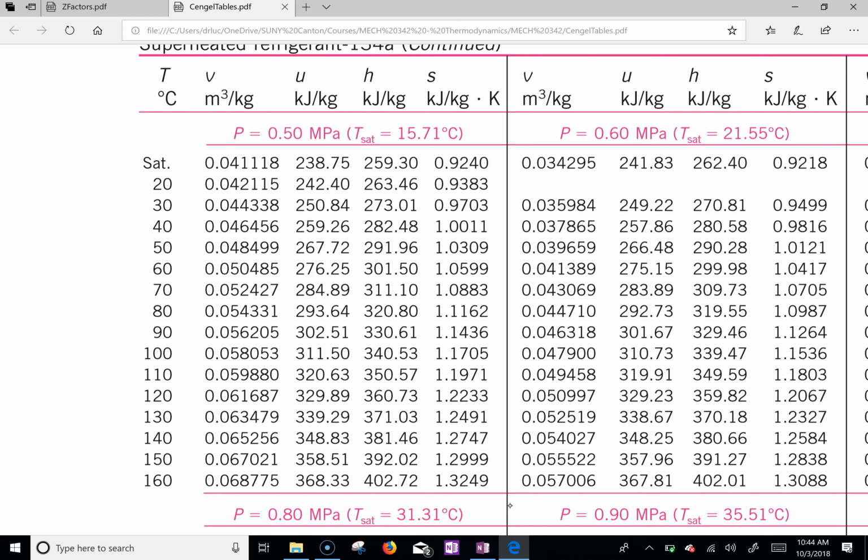You have to go to every block where you have V and figure out, is that value for V what we had? If it doesn't, go to the next one for V. You have to keep going throughout all these different pressures to figure out where you are. Once that one matches, that's your pressure. Okay? That make sense? Everybody? Actually, one of the homework problems, I think you had to do that. So, yep. Okay, other questions?